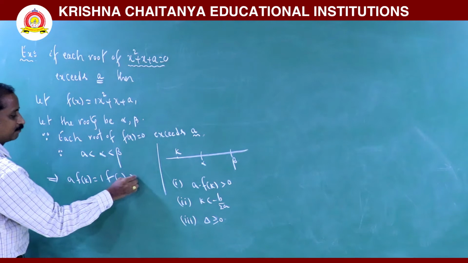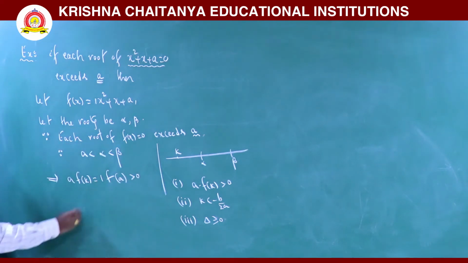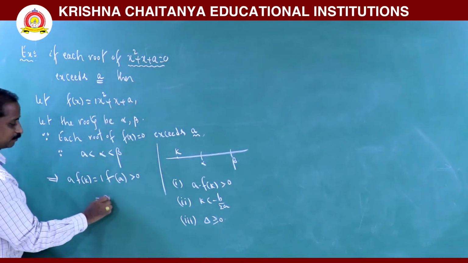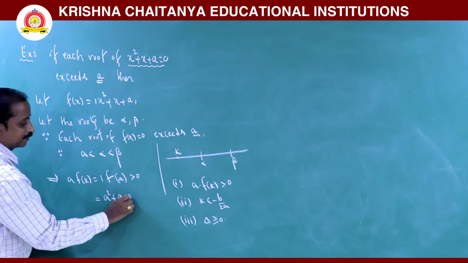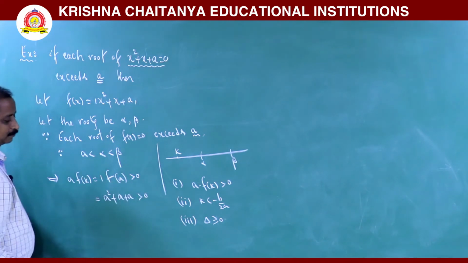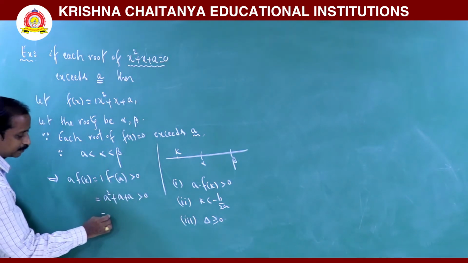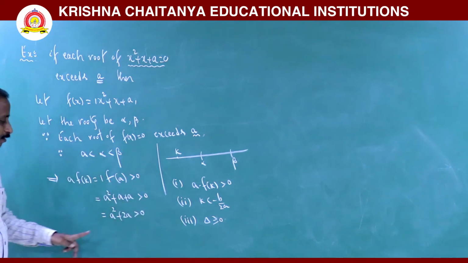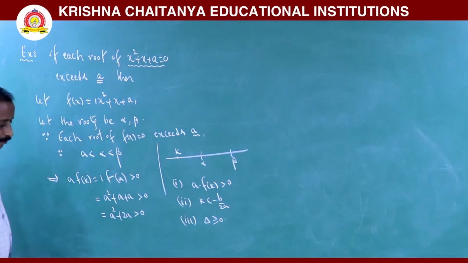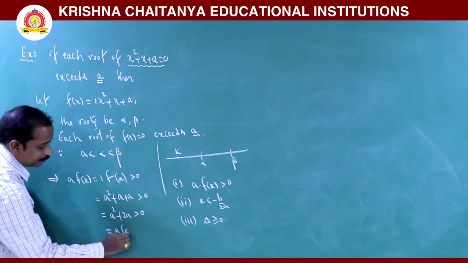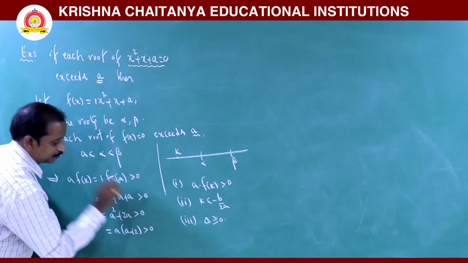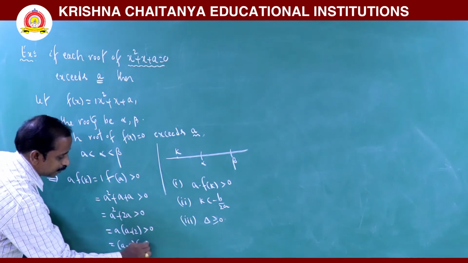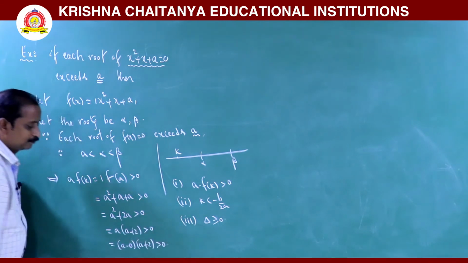Come to case 1, a into f of k means 1 into f of a greater than 0. So 1 means 1, f of a means a square plus a plus a, greater than 0. So a square plus 2a greater than 0. Now there is a common a. When a is common, it becomes a into a plus 2 greater than 0.